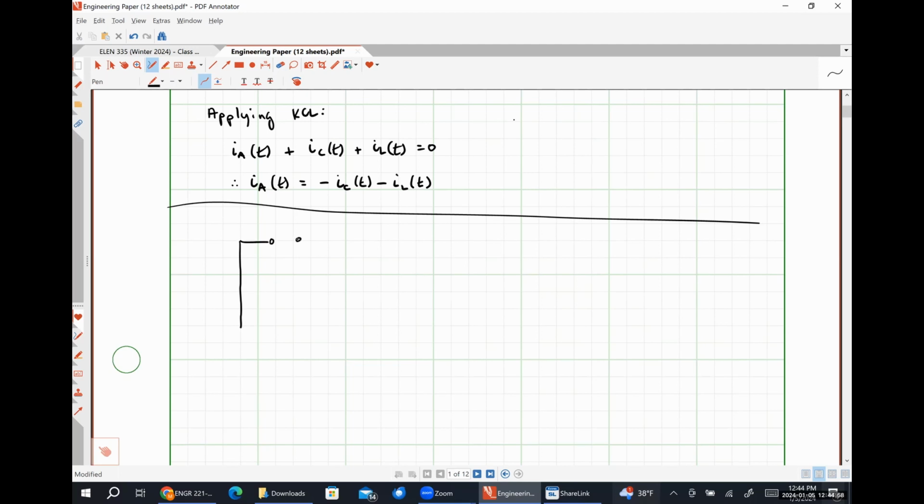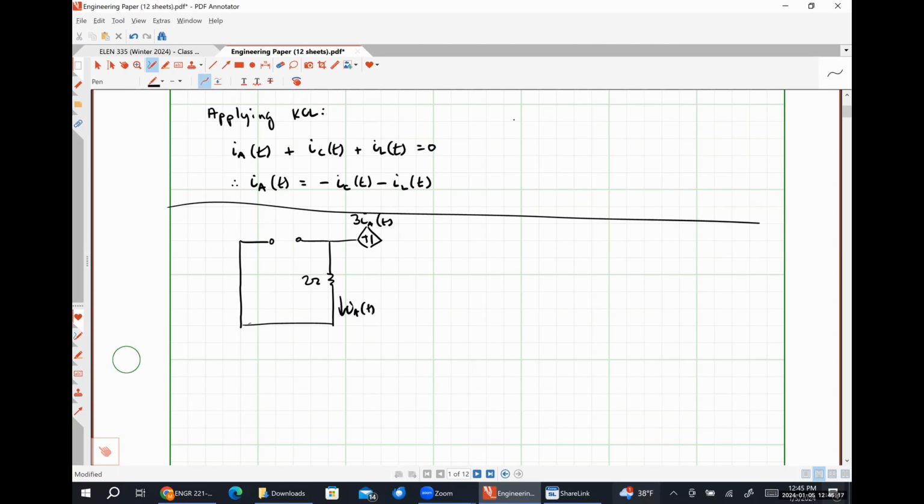Our switch is open because we're during the transient condition. Here's our 2 ohm resistor. Our 3 IA of T voltage source.